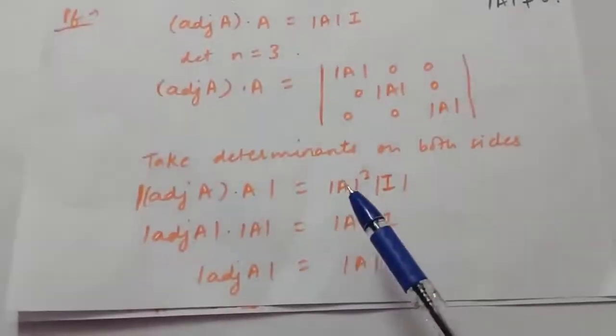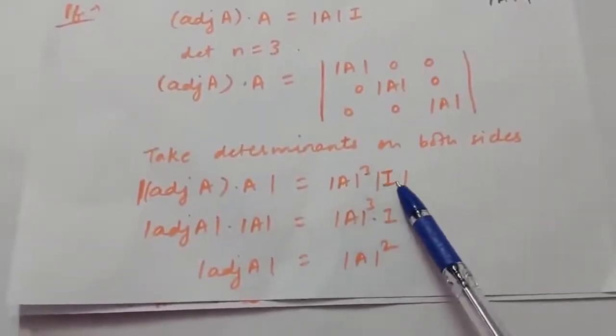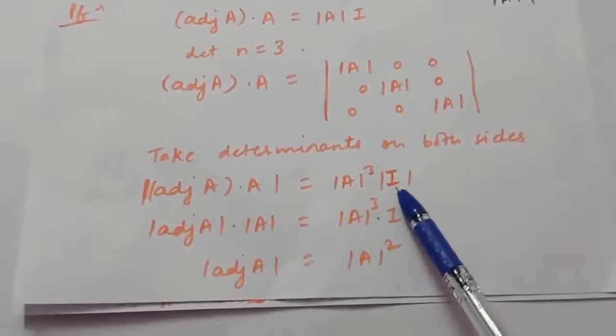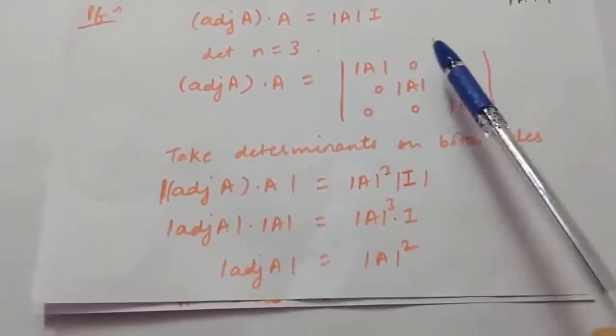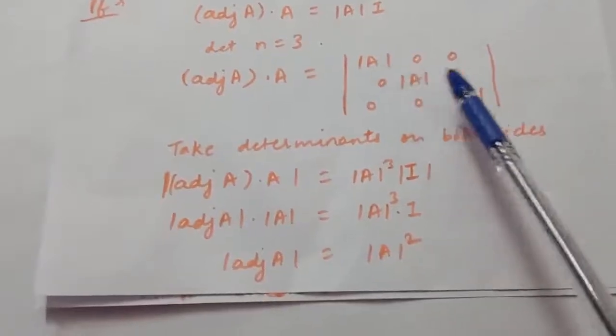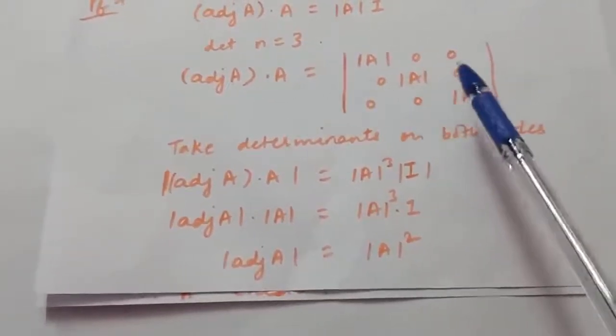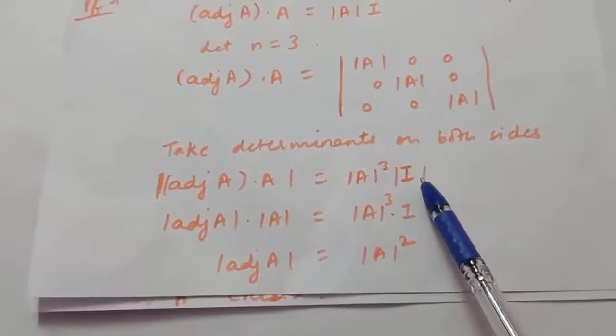So it will become determinant of A whole cube into determinant of the identity, because when you take out determinant of A common from this row, you will get one here, one here, one here, which becomes identity. So this will be determinant of identity.